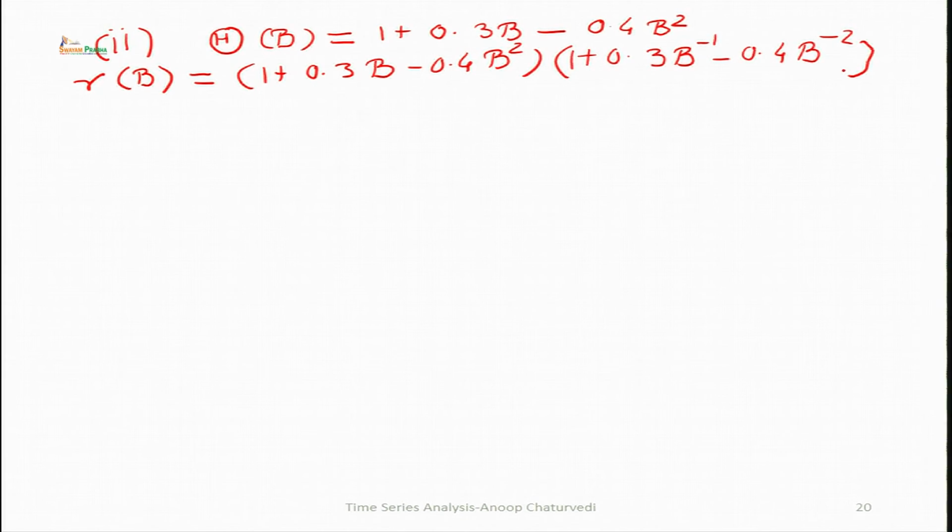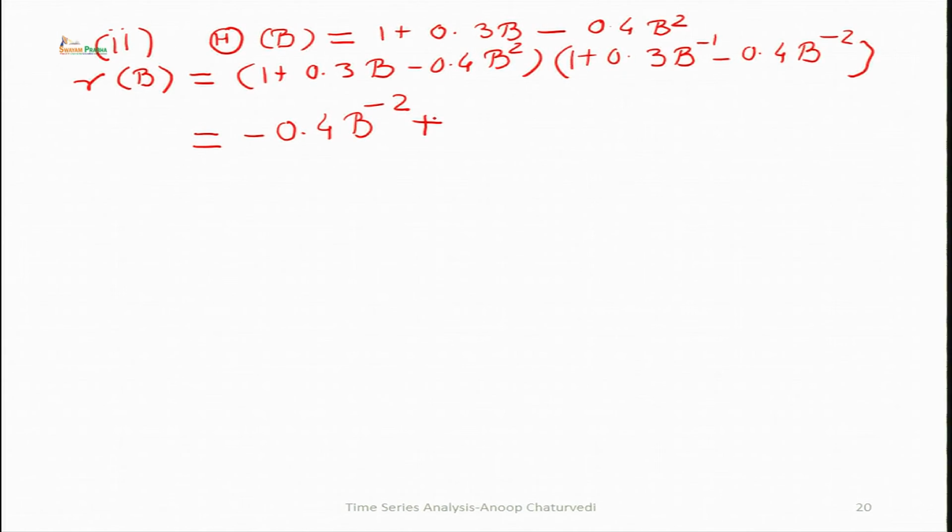Again, we multiply these two terms and we arrange the product in the powers of b. So, the first term, which involves b to the power minus 2, is minus 0.4 b minus 2, which you get by multiplying this term to 1, and then you have the terms involving b inverse.